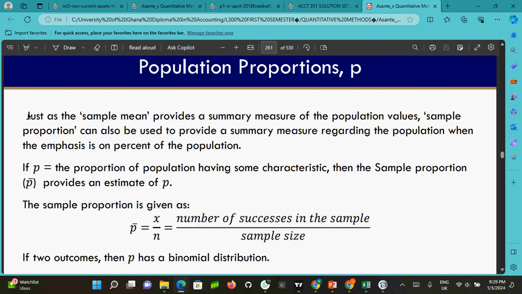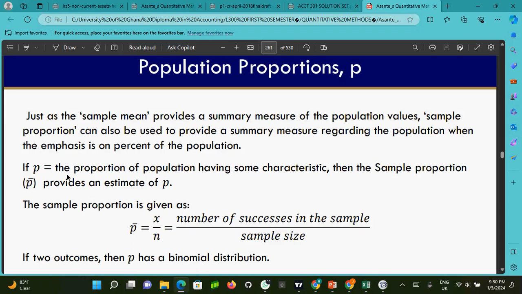You understand? Just as the sample mean provides a summary measure of the population values, the sample proportion can also be used to provide a summary measure regarding the population when the emphasis is on the percentage of the population.